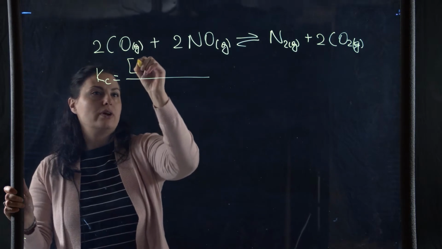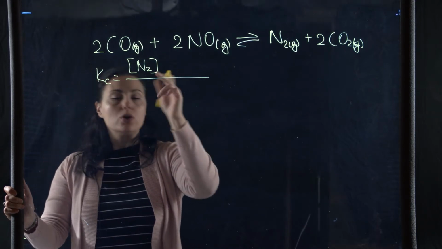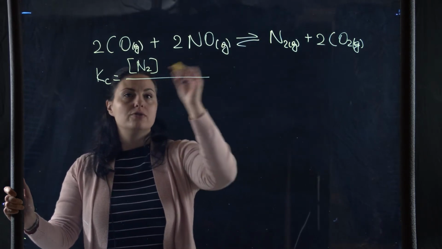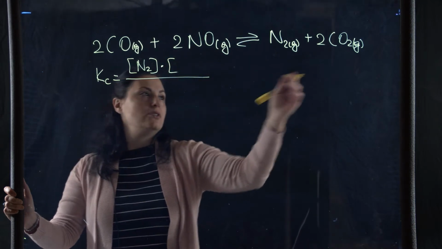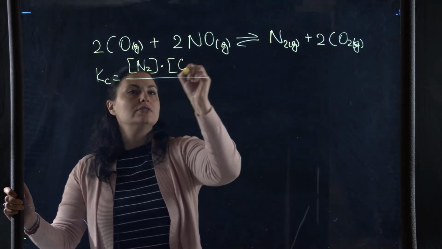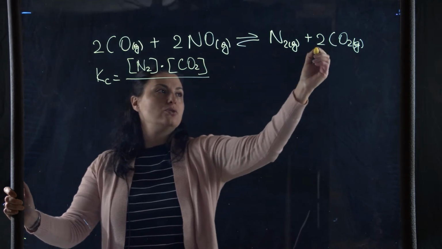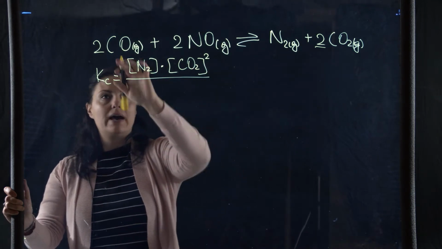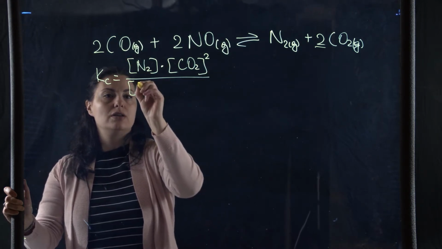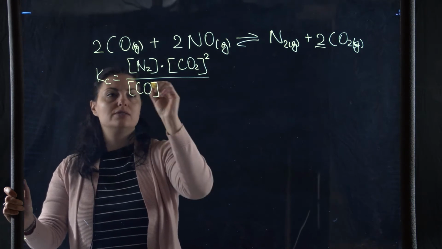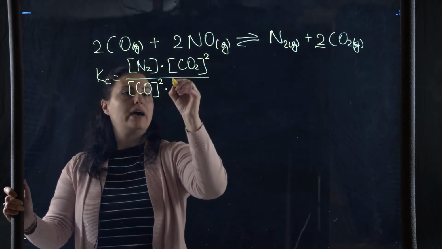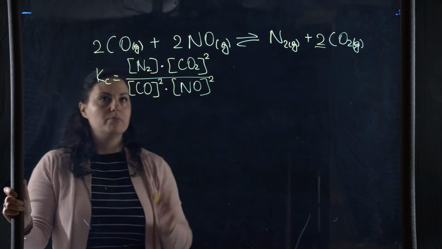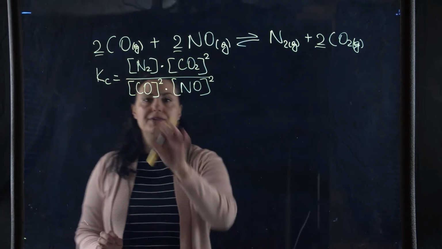Molar concentration, square brackets, of N2, which means moles per liter of N2 raised to the first power, which I don't write, times the molarity of CO2 raised to the second power, divided by, because I don't have any more products, the concentration in moles per liter of CO raised to the second power, multiplied by the concentration of NO raised to the second power, because those are the molar coefficients. And this is my Kc.